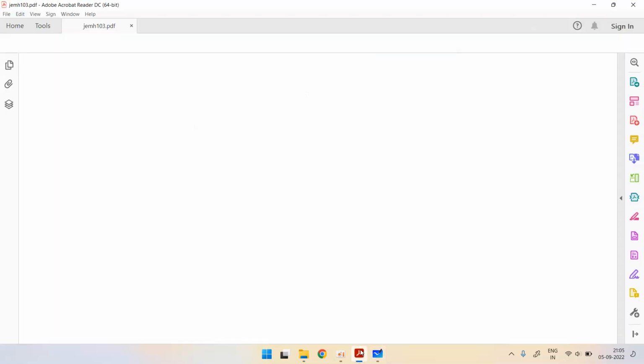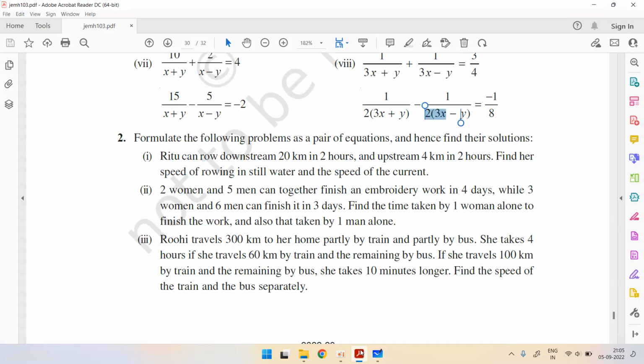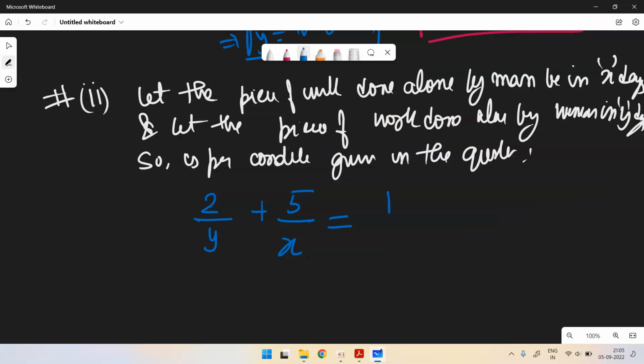It gets completed in 4 days, so 1 by 4th of the work is done in 1 day. So the amount of work done in 1 day is 2 by y by women and 5 by x by men, and in total 1 by 4th of the work is completed in 1 day, because in 4 days the total work is completed. So this is my first equation.